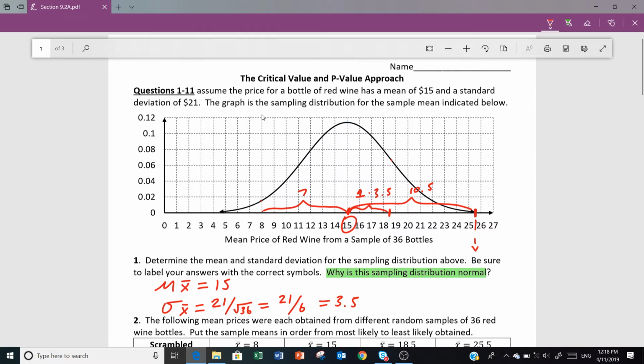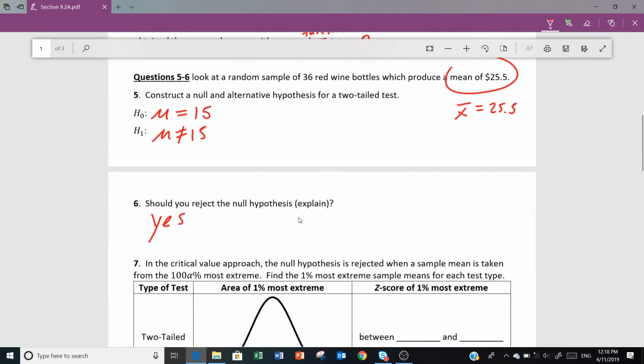What's the likelihood of getting 25.5 if it's all the way over here? There's pretty much a 0% chance of getting a sample mean that's $10 more expensive. So you should reject this population because it's too far away. It's 3 standard deviations away. That's too far away. Excellent.